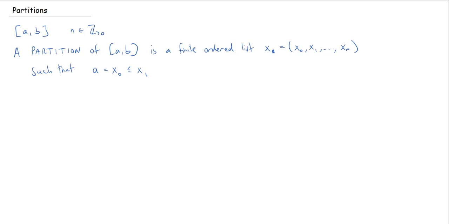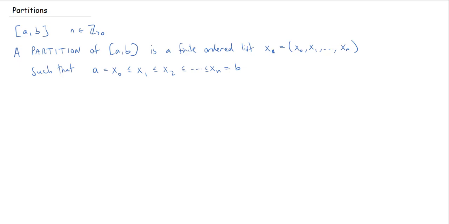We may have some reason that we want to write down a partition where we repeat the same value, so I'll put less than or equal to here. In practice, this is always going to be a less than sign. So this is going to be an increasing ordered list then. And this keeps going on until we get up to x sub n, and x sub n should be the right endpoint of the interval. So that is what a partition is going to be.